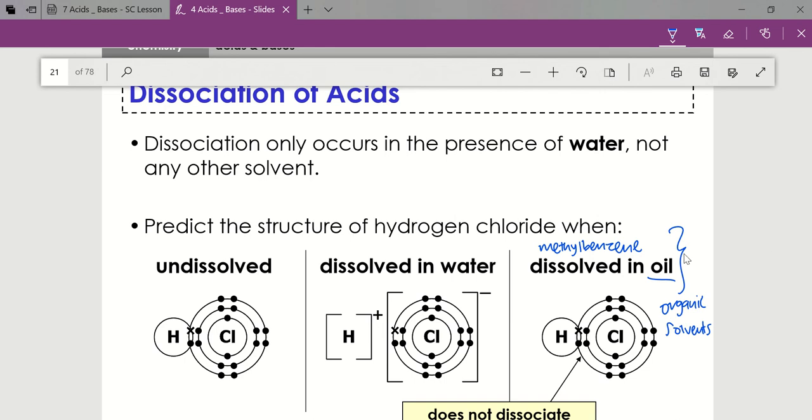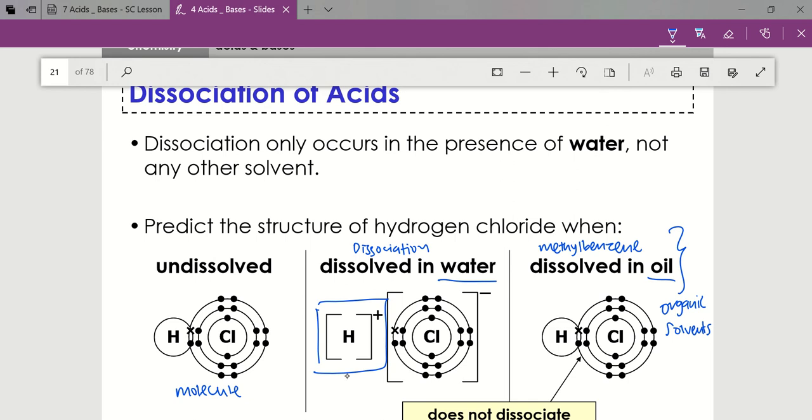So if you see over here, if I were to place hydrogen chloride molecule into different solvents, I will have different effects. Of course, if I didn't put it in any solvent at all, it will remain undissolved, it will remain as a molecule. If I place it in water, dissociation process will take place, and hence hydrogen ions are formed.